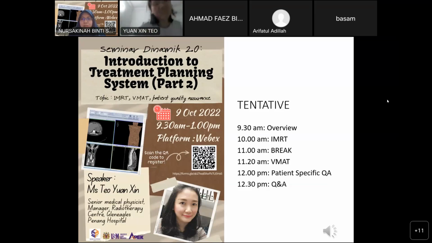Today we are going to focus more on complex treatment planning, which involves IMRT, VMAT, and also patient-specific QA. Hopefully we can follow this, but since we are starting late, we are expecting some delay with the program.